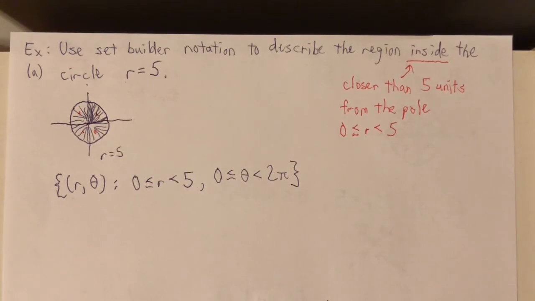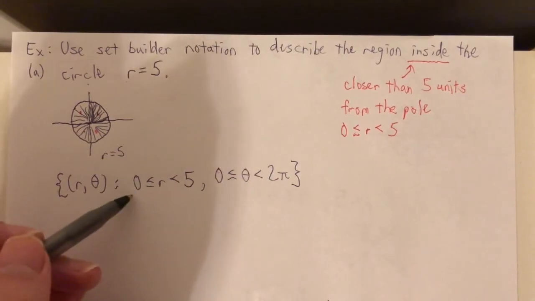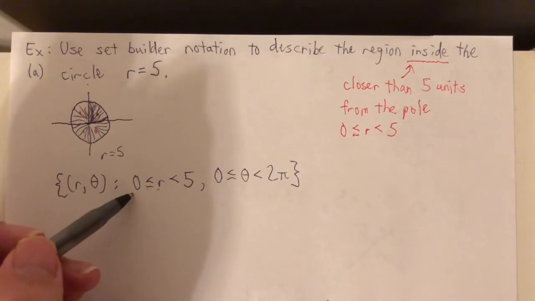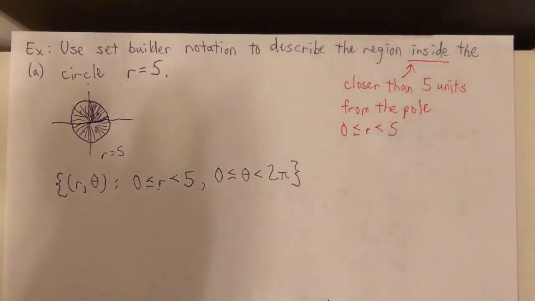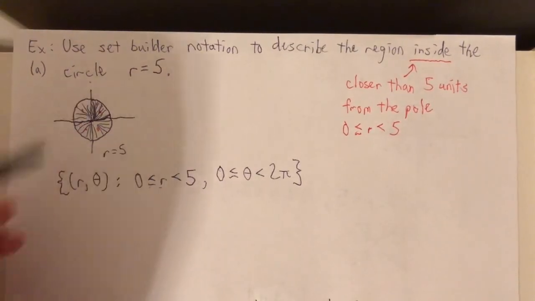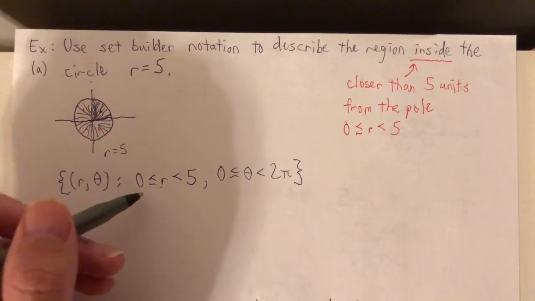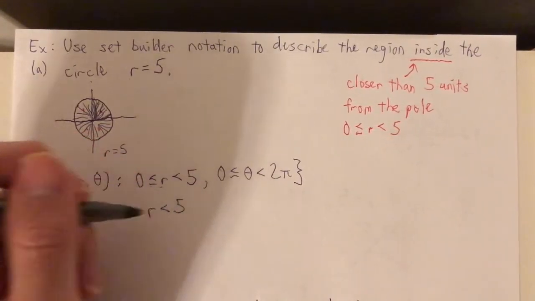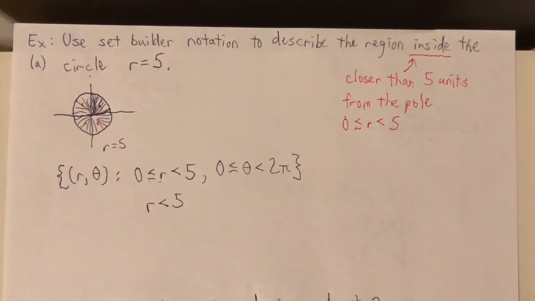Now, the only other thing that I didn't explain 100% fully is why do we want to say that r is greater than or equal to 0? Why do we say 0 is less than or equal to r? Well, remember that r doesn't have to be positive when we're talking about polar coordinates. So let's say that I didn't do this. Let's say I just said r is less than 5, without the 0 less than or equal to in here.